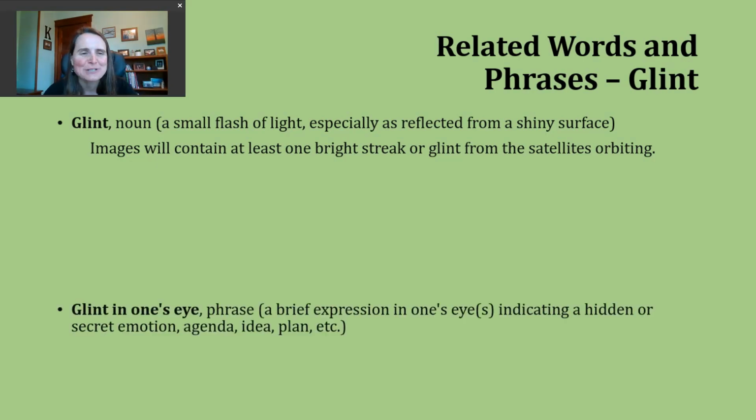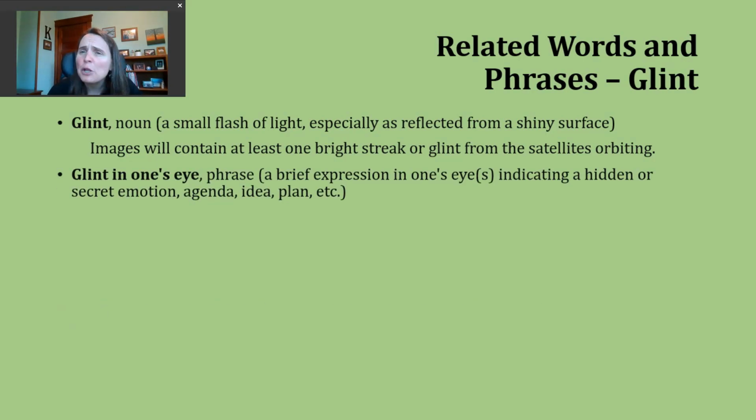One more phrase you might encounter. You might see something describing a glint in someone's eye, or could be eyes. Sometimes it's singular, sometimes it's plural. And instead of one's eye, sometimes you'll see a possessive adjective there.